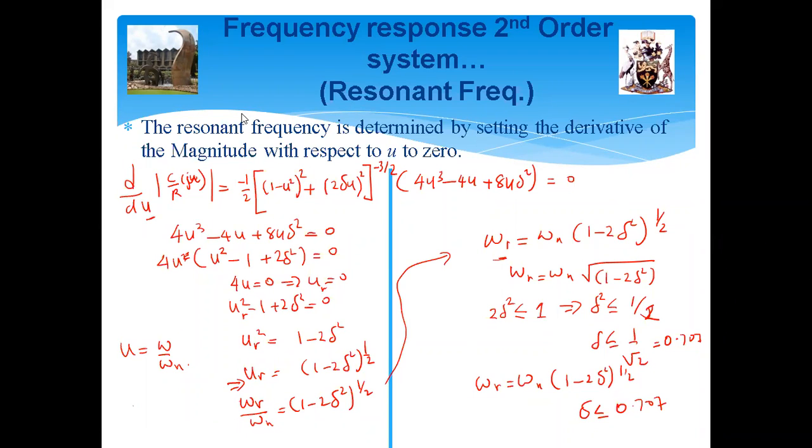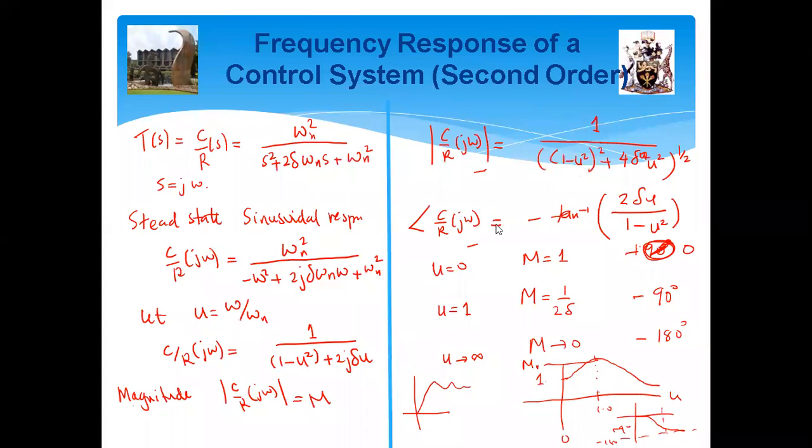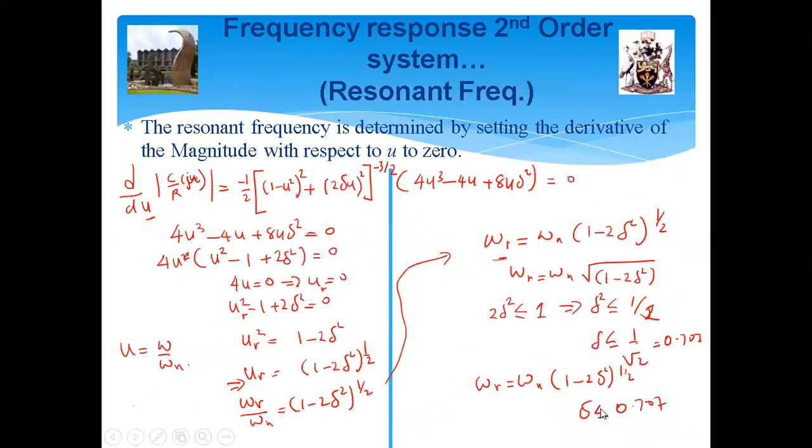Guys, are we okay up to there? Yes. Okay. And how can we get this MR, the maximum magnitude? We can get this by substituting the value we got here.